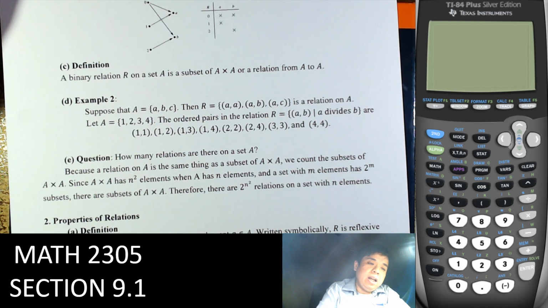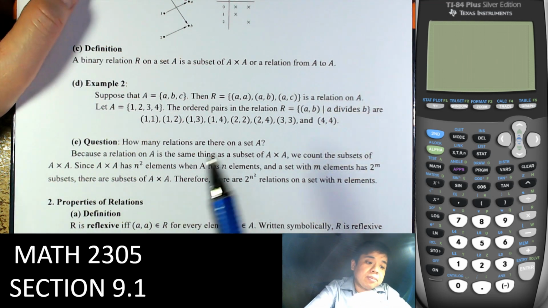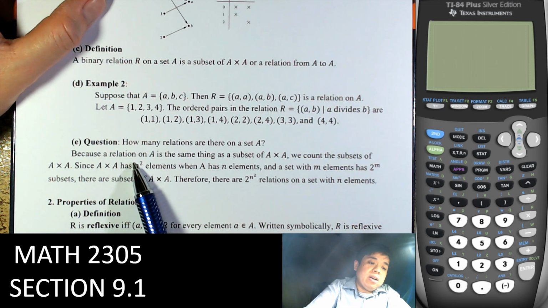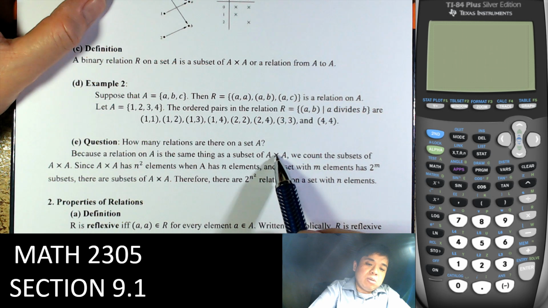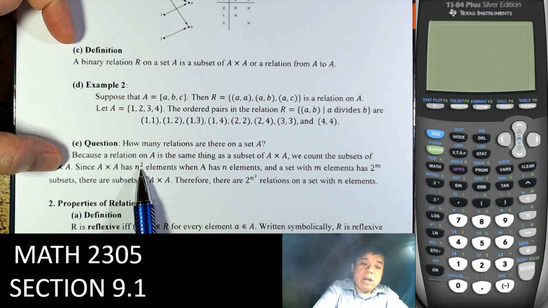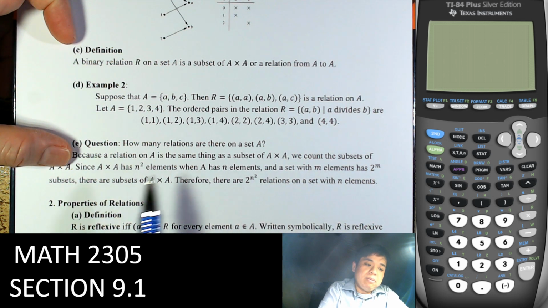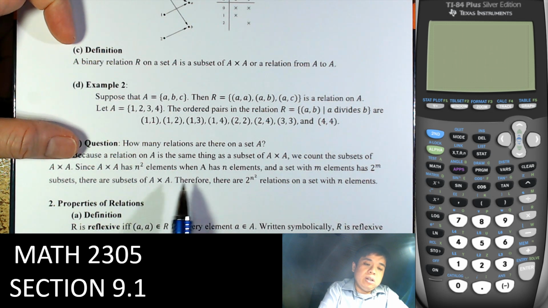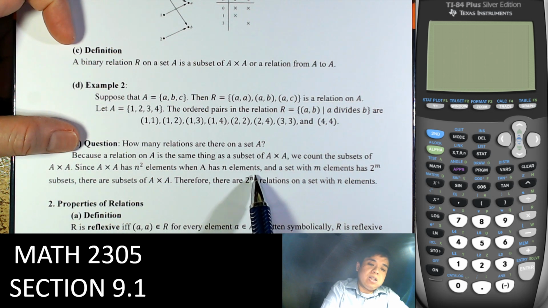Now, to the question: how many relations are there on the set A? Because a relation on A is the same as a subset of the Cartesian product of A and A, we count the subsets. A times A has n squared elements, and a set of m elements has 2 to the m subsets. So the number of subsets of A times A is going to be 2 to the n squared.